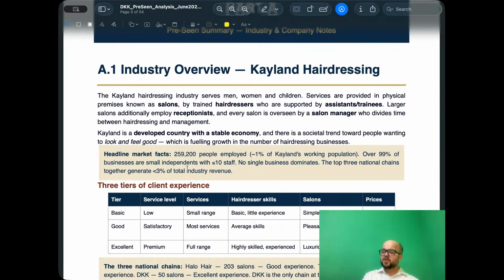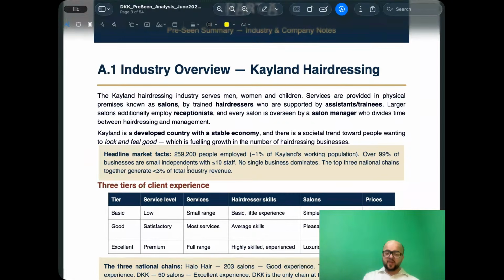Think about Maslow's need hierarchy theory. The first expectation is food, clothing and shelter, and when you have that, then you think about looking better and wanting to spend money to look better. What do you people get done, pedicure, manicure, all of those things. That is fueling growth in the number of hairdressing businesses.